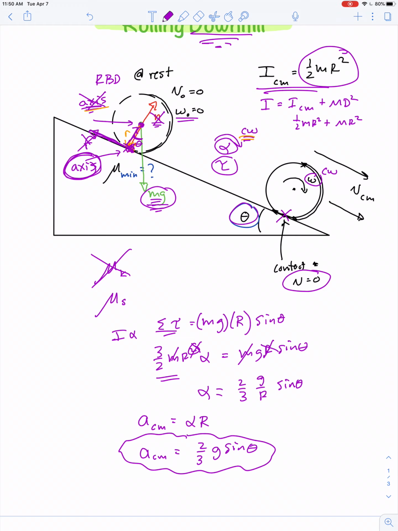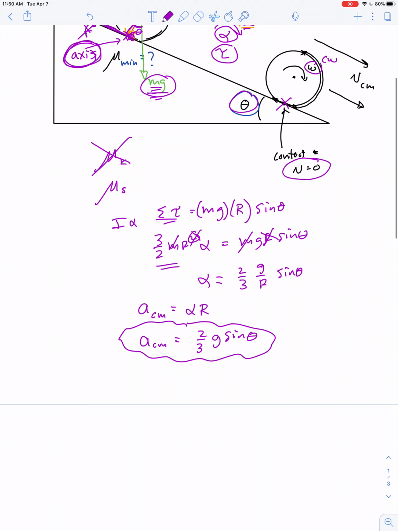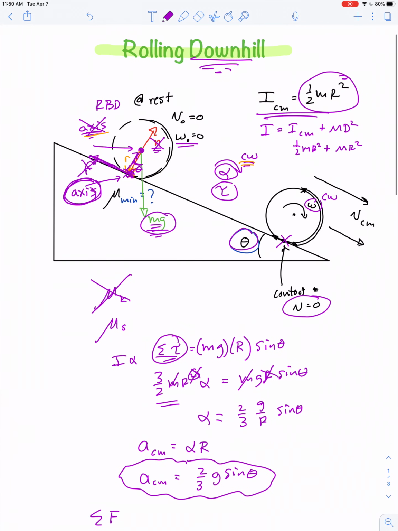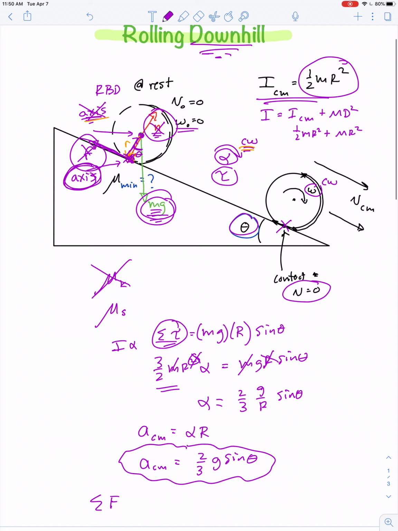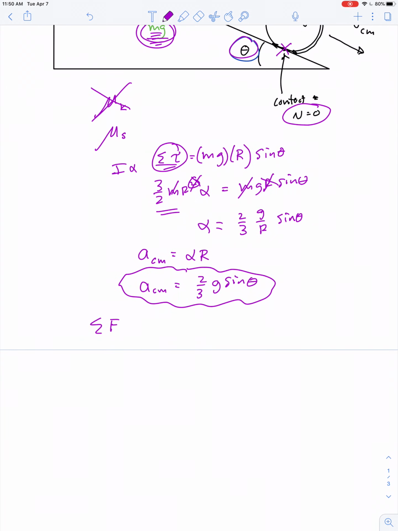Okay, well, there's another way we can figure out the acceleration of the center of mass, and that is instead of considering net torque, let's consider net force. If I turn all three of these forces, normal force, gravity, and friction, into a free body diagram, it's a little simpler. We have normal force, friction force, a component of mg cosine theta, and then another component of mg sine theta.